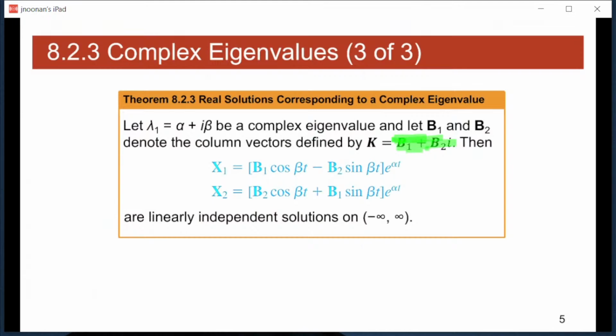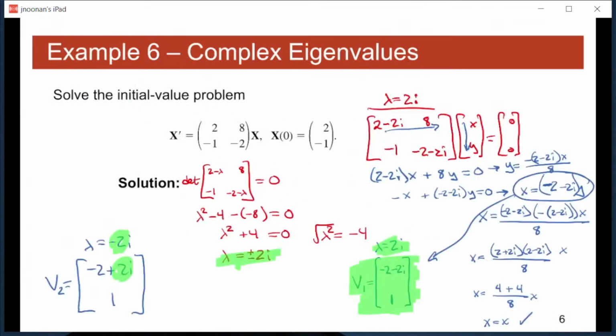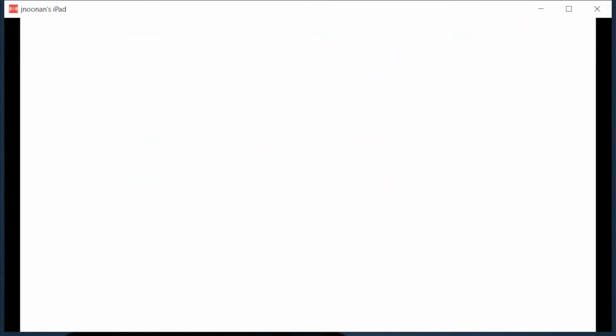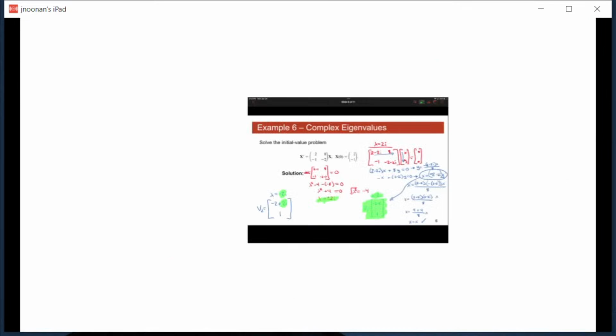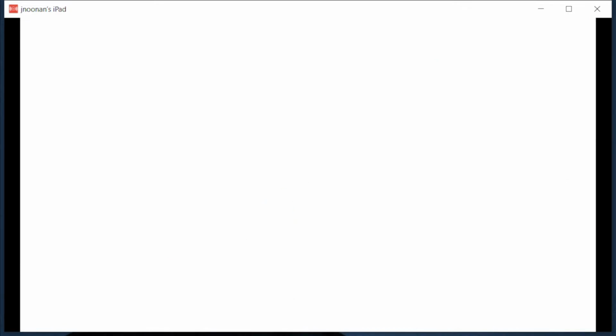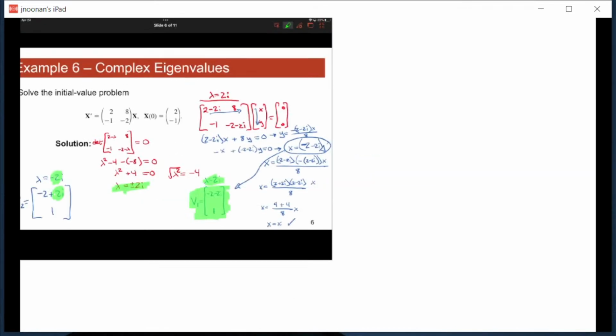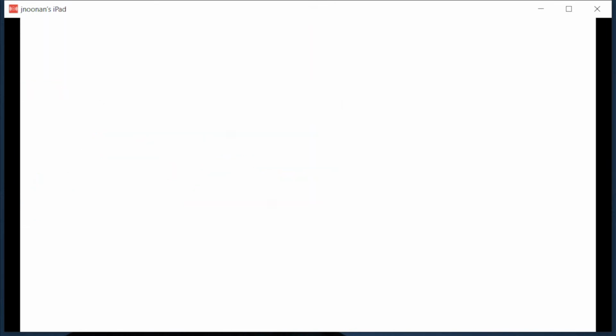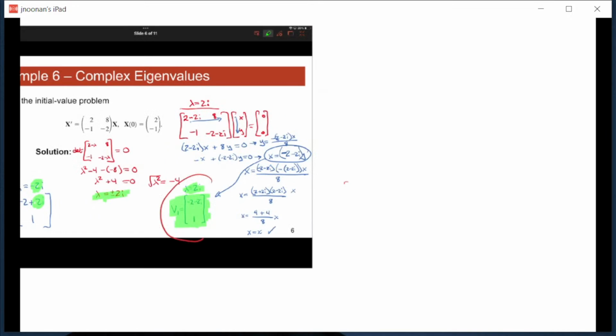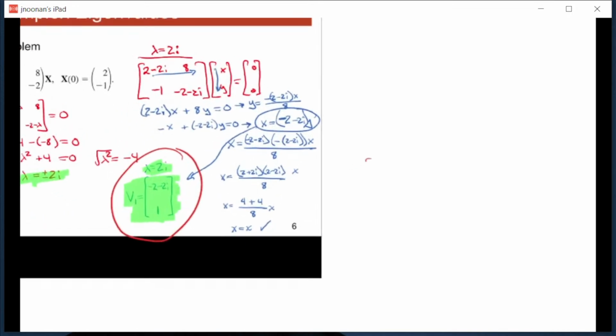So here, might be easier if I actually just do it. So let's take that green. I'm sick of using PowerPoint. Let me just go over here to Notability. Okay. So I'm going to take this eigenvector right here. Let me rewrite it.